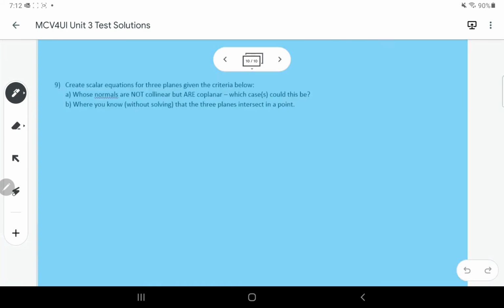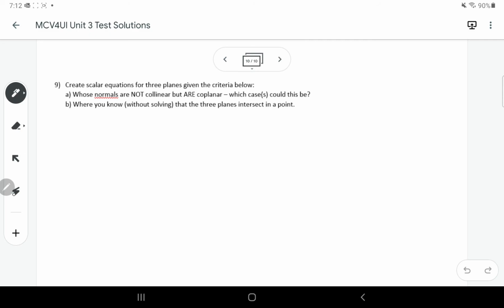And the last one. So here we want to do 2 parts, and for part A, we want to create scalar equations for 3 planes given this criteria. If the normals are not collinear, so this means that none of the planes are parallel, but they are coplanar.